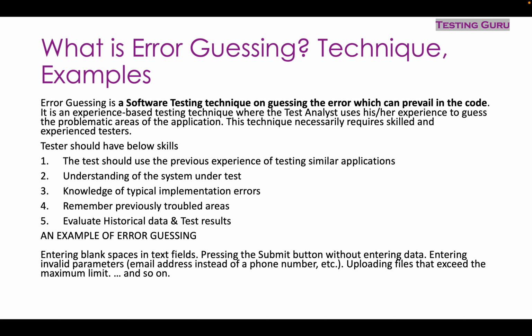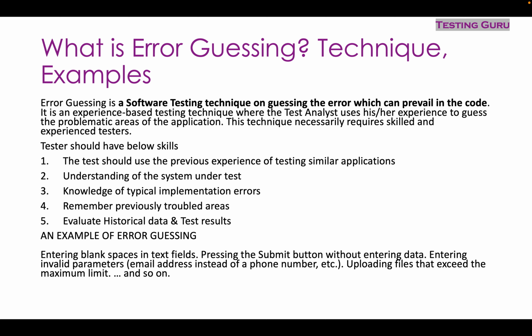So what skills should they have to do error guessing? The first one: they should have previous experience of testing a similar application. Then they can easily guess which area they can find an issue or a bug. Next is understanding of the system.